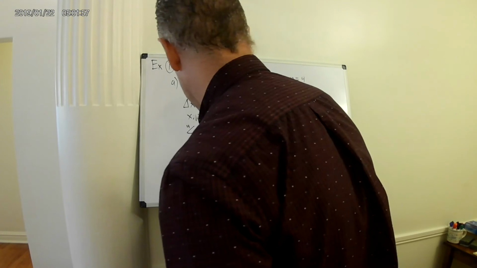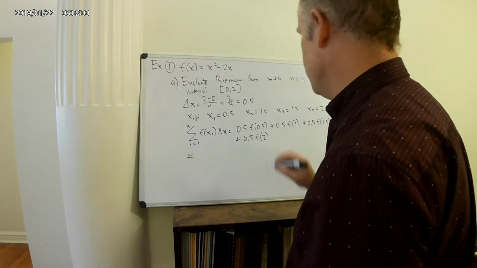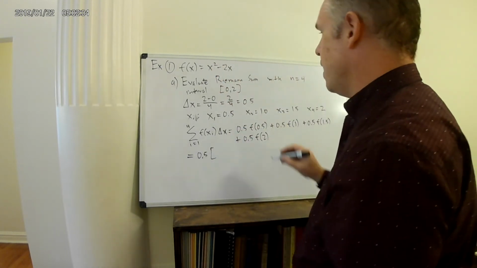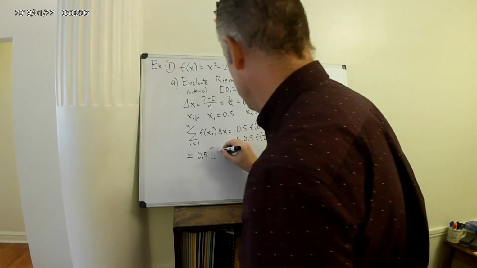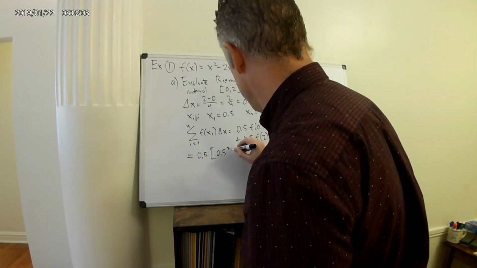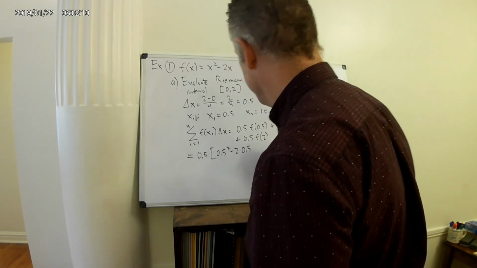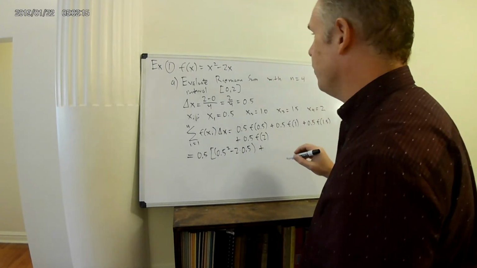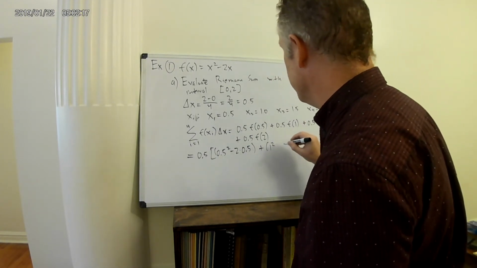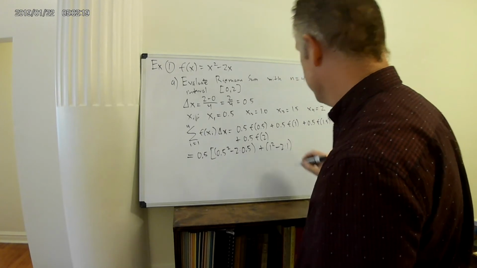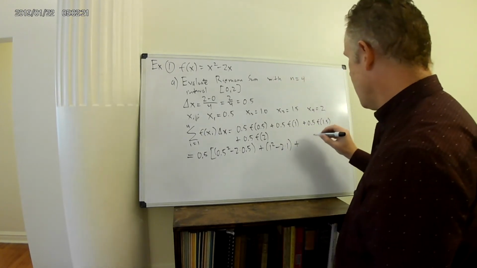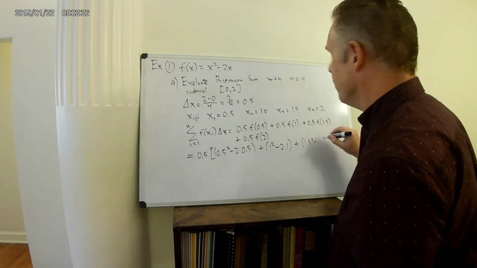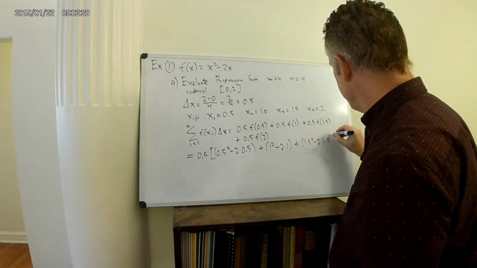Let's actually calculate this. We can factor out the 0.5. f of 0.5 is 0.5 squared minus 2 times 0.5. So this is our first term, plus f evaluated at 1 is 1 squared minus 2 times 1, plus f evaluated at 1.5 is 1.5 squared minus 2 times 1.5.